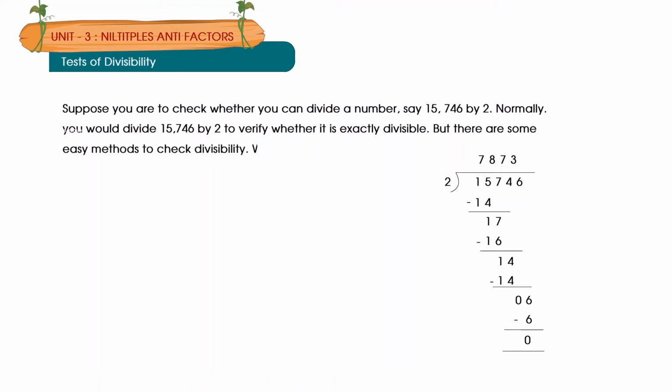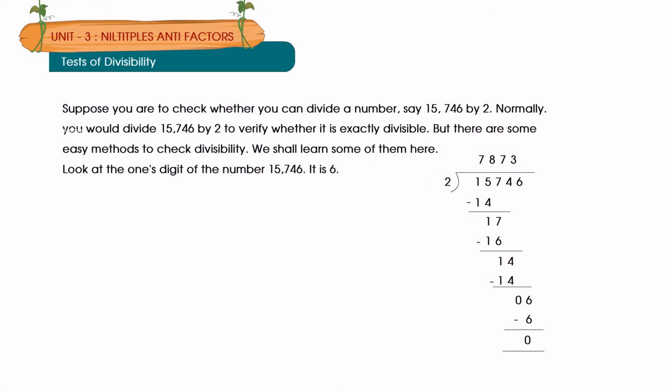We shall learn some of them here. Look at the ones digit of the number 15,746. It is 6. We know that 6 is divisible by 2 as 3 into 2 is equal to 6. Therefore, 15,746 is also divisible by 2.